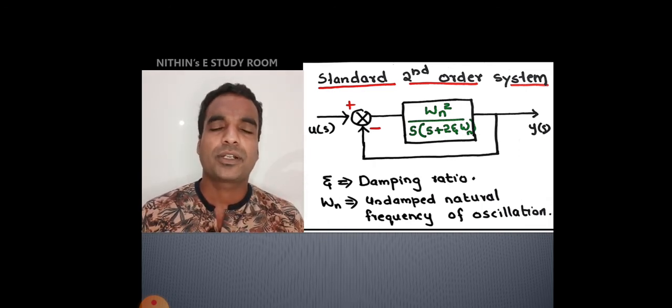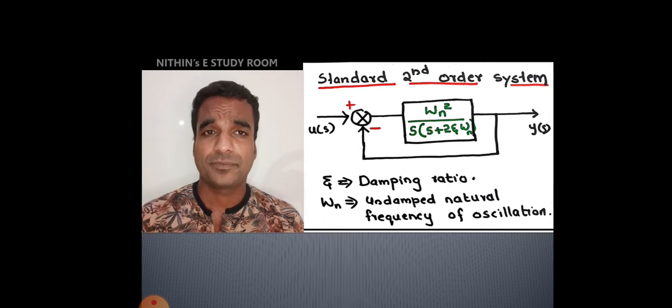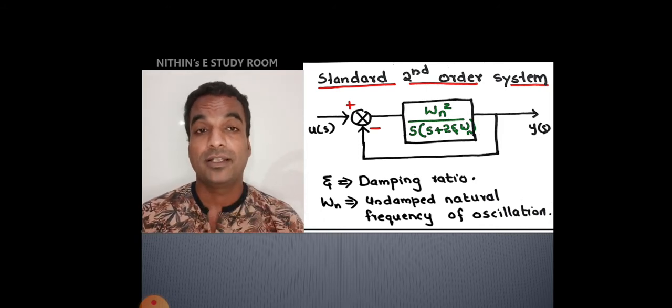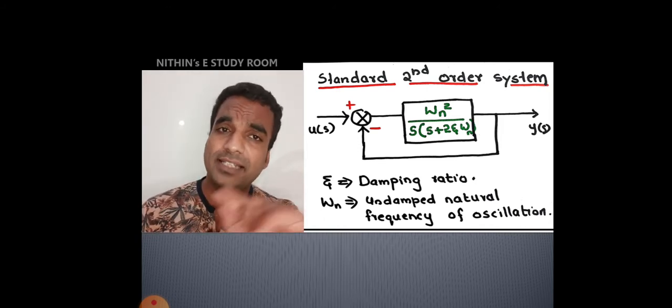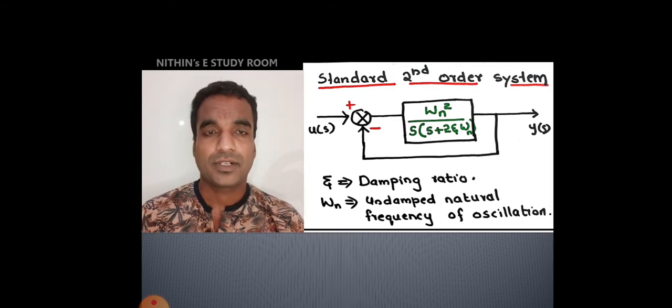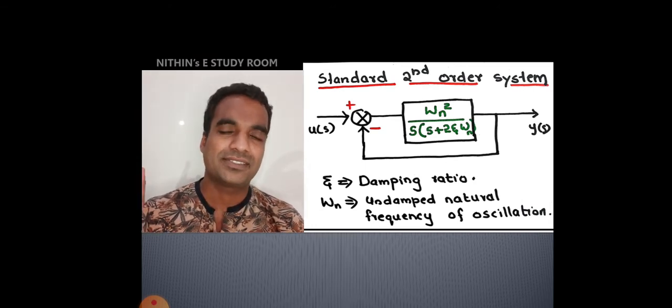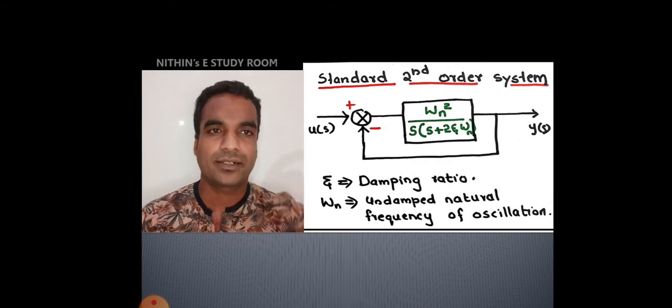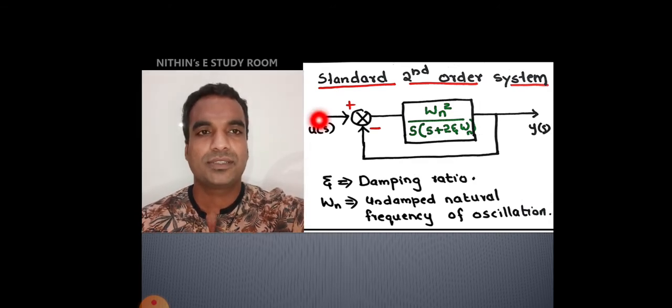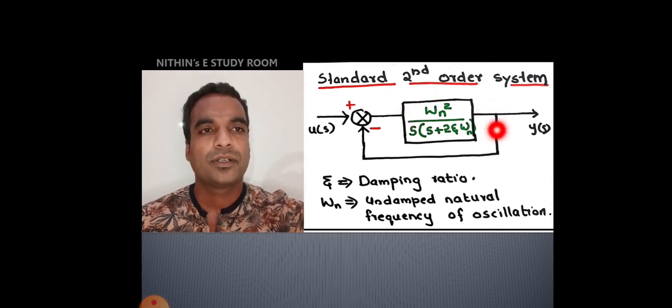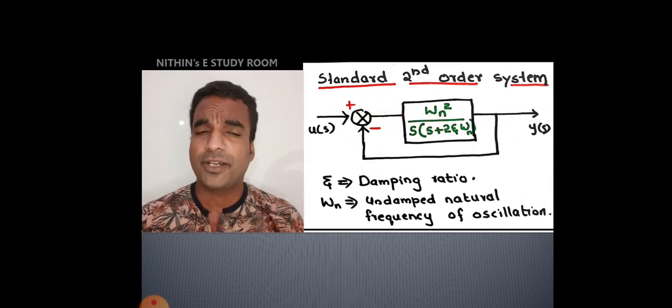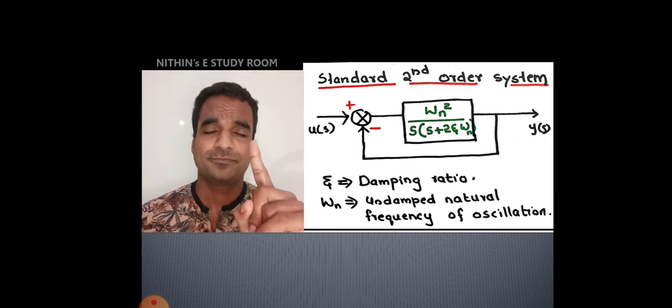For example, you are giving a unit step input. Unit step magnitude is 1. The output should attain unity. For a control system, if you are giving the reference input as a unit step, U of S, and the system is stable, its output should be fed back to the input and this error will be given to the system, and finally after some time Y of S should become 1.